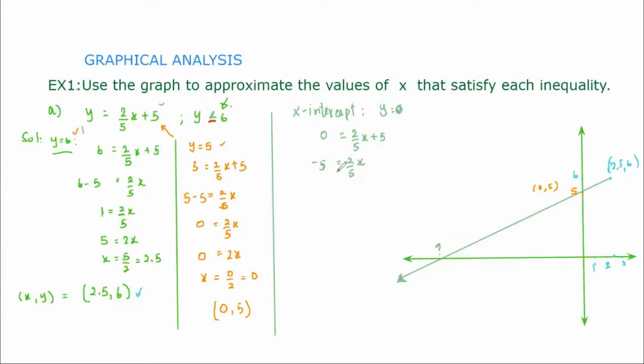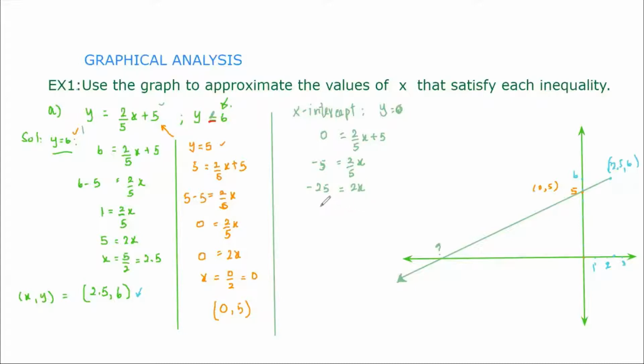Then cross multiplication again, right? Or the LCM is 5, so 5 times both sides. 5 times this is going to be negative 25, equal to 5 times this side, cut, you are left with 2x. So you need only one x.